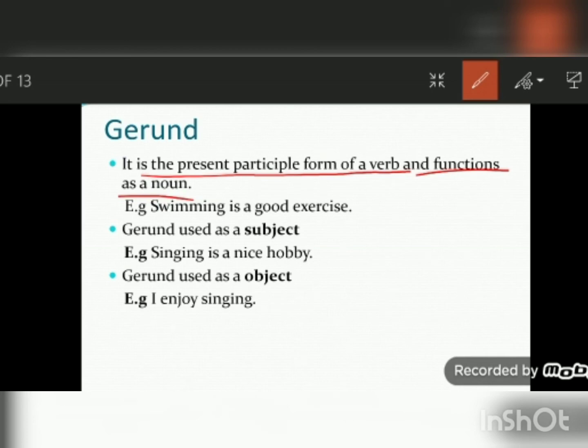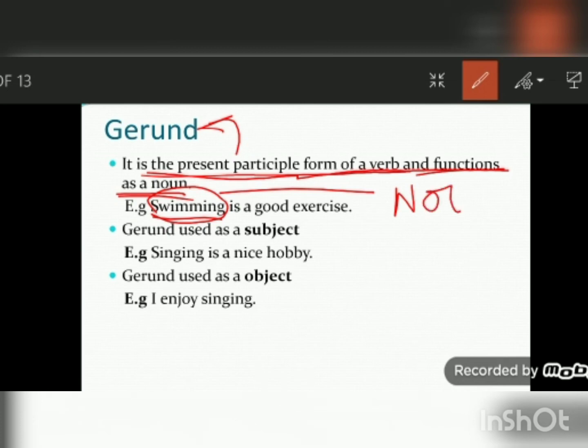Here, when the present participle form of the verb functions as a noun, it is known as gerund. For example, swimming is a good exercise. So here, swimming is present participle form of the verb which is used as noun in a sentence.